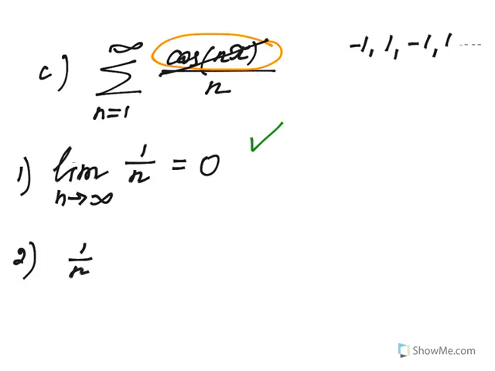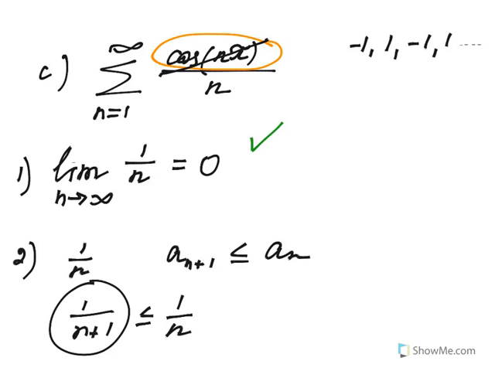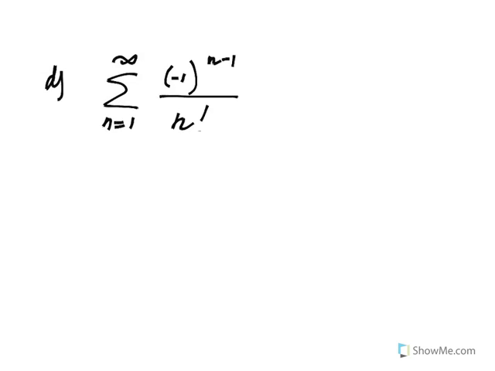The condition is that this inequality is supposed to work. If you add 1, obviously the whole fraction becomes smaller. So yes, it does work. So that means this series converges.